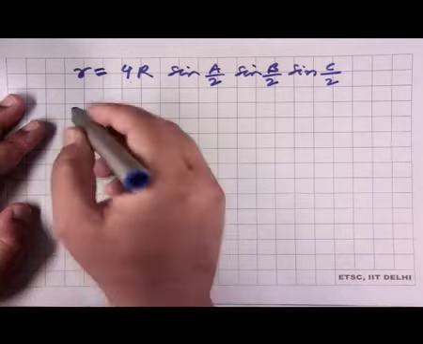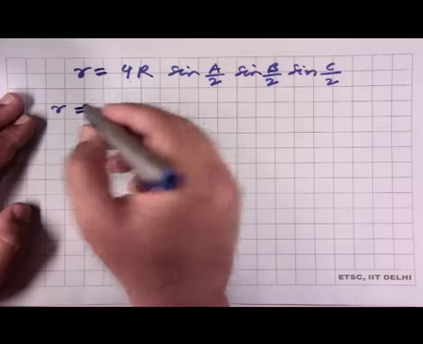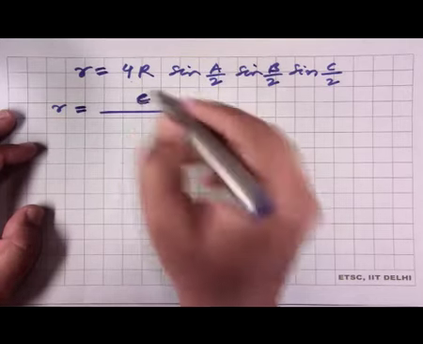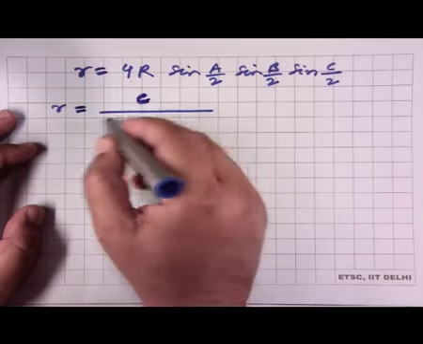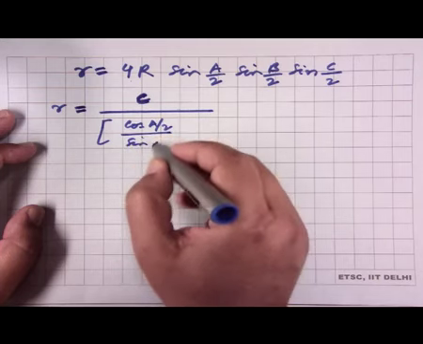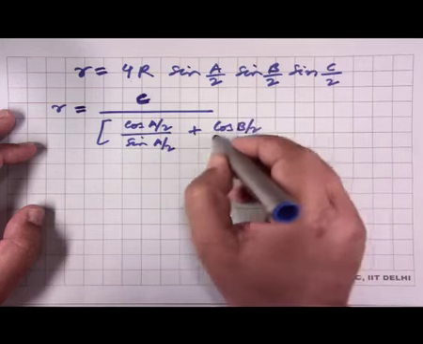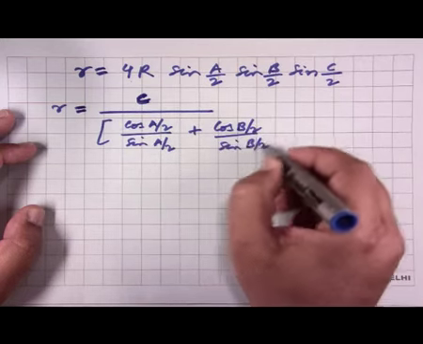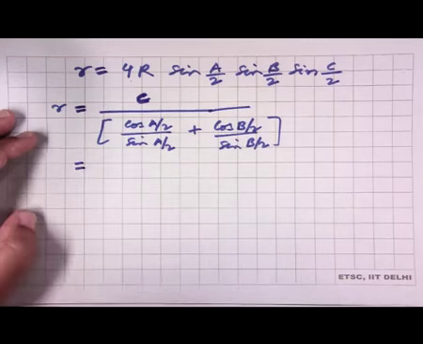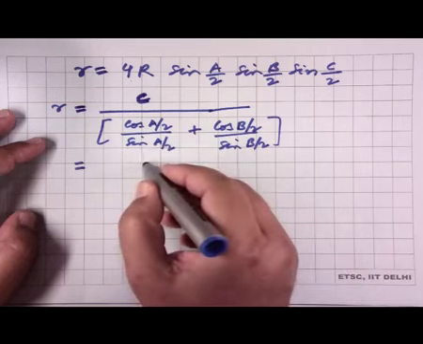If we go a few slides back, then we have shown that the in radius is equal to c upon cos A by 2 upon sin A by 2 plus cos B by 2 upon sin B by 2, and then with simple algebraic manipulation, this is equal to c into.